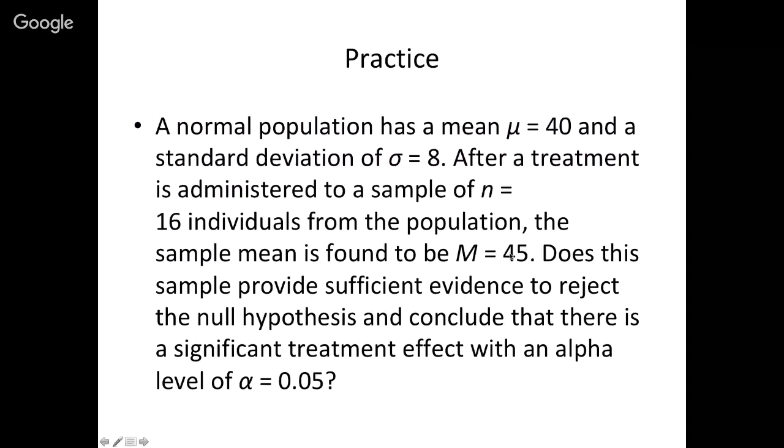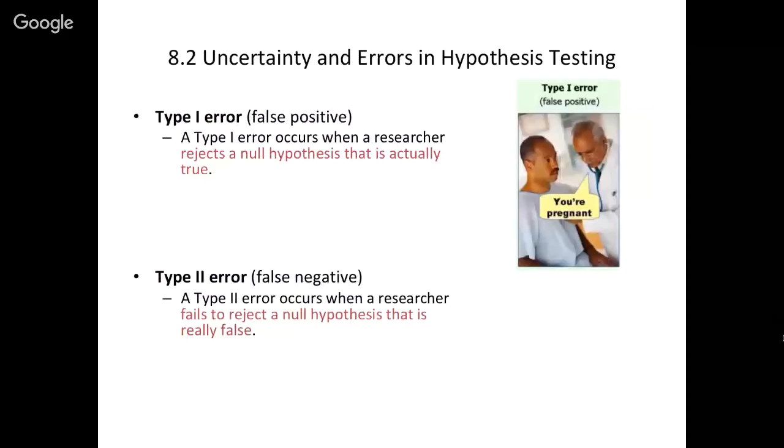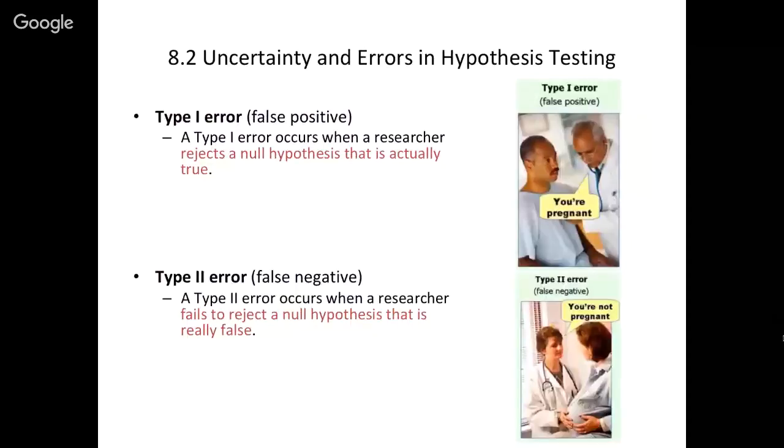But if you consider a normal distribution with the mean as 40 and standard deviation as 8, if we are doing random sampling, by chance we can get an extreme sample for which the mean is 45.